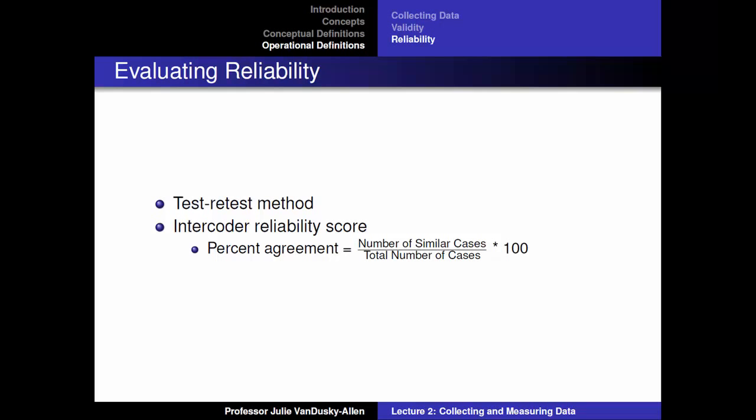A simple intercoder reliability score is the percent agreement measure. It is calculated by dividing the total number of cases the coders agreed upon by the total cases, multiplied by 100.